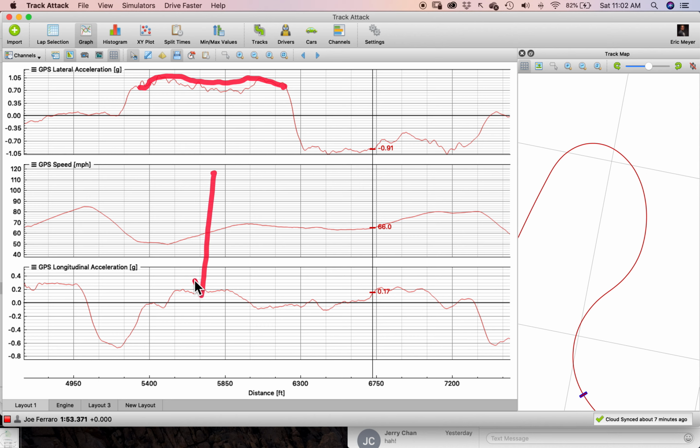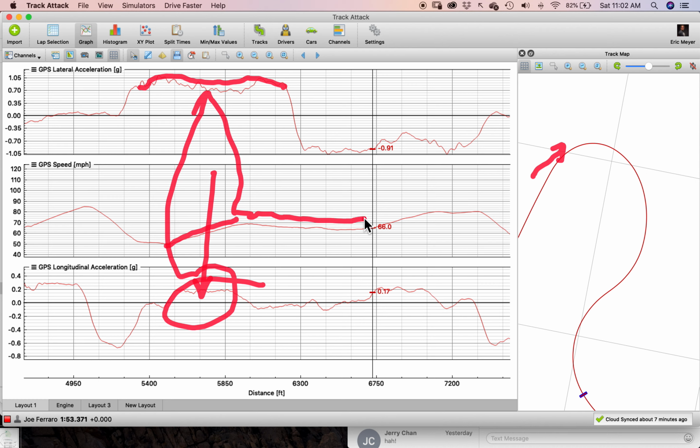Instead of accelerating, which is the reason why you accelerate is because the car can go faster. Well, if you don't brake off all the speed on entry, you don't have to accelerate. Therefore, you have more for this, which leads to higher speeds. Right? Let me say that again.